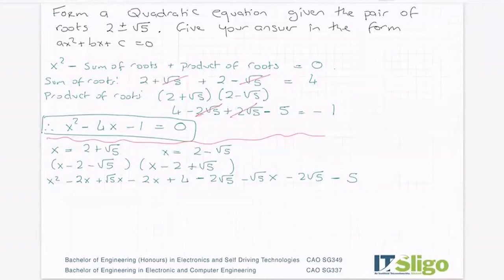Okay, minus root 5x, minus by minus is a plus. Look at that, another mistake. Plus 2 root 5, and then plus by minus root 5 by root 5, minus 5. Okay, minus root 5x cancels with plus root 5x, plus 2 root 5 cancels with minus 2 root 5.